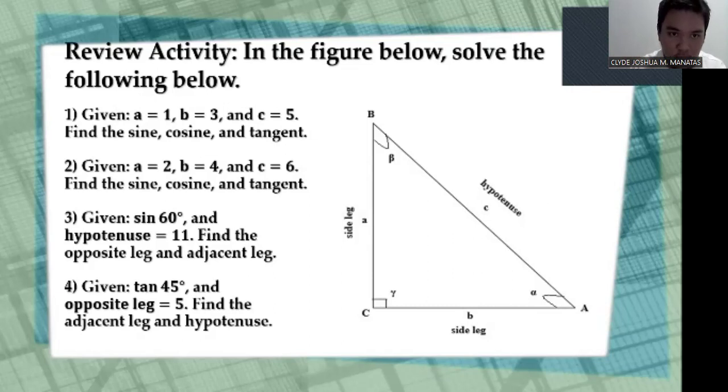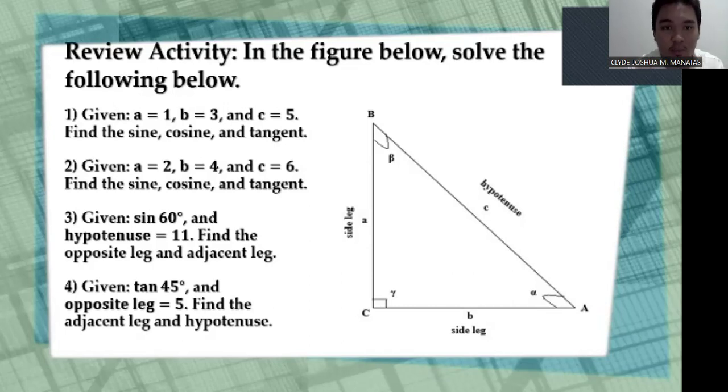Next, cosine. Yeah, correct. It's 3 over 5 because cosine is equal to adjacent over hypotenuse. The adjacent leg there is 3 while the hypotenuse is 5. Okay, last one, tangent.